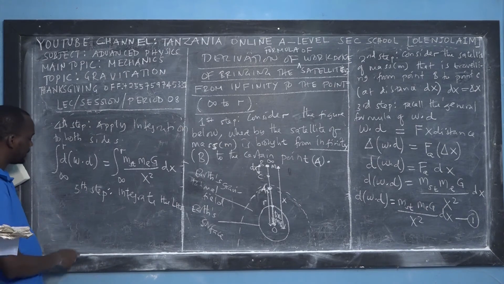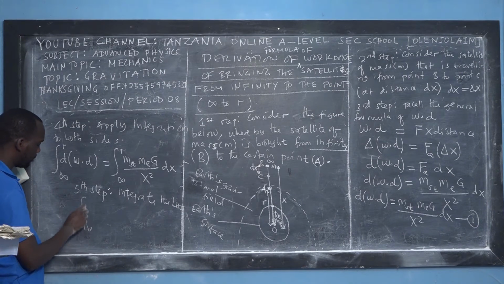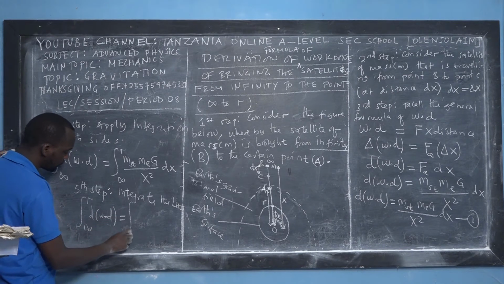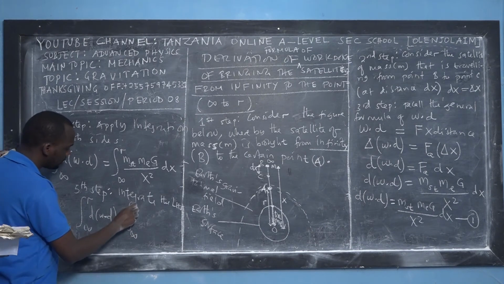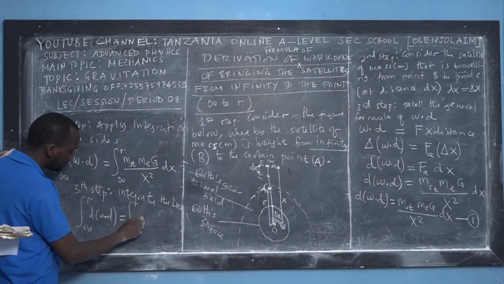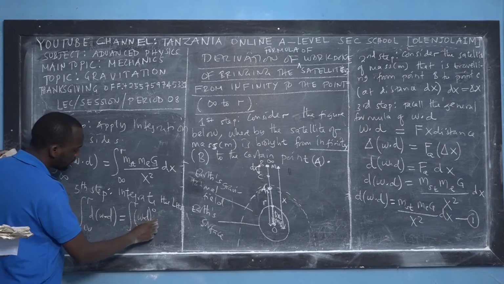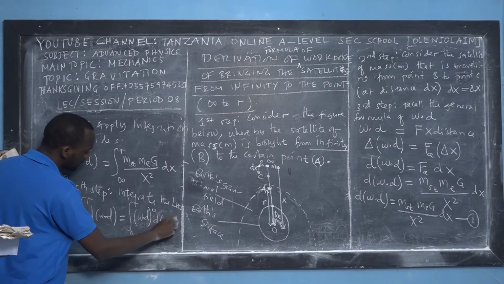We have integral from infinity to R, then d work done. This is equivalent to integral from infinity to R of work done power 0, which is equal to 1, times d what? The work done.